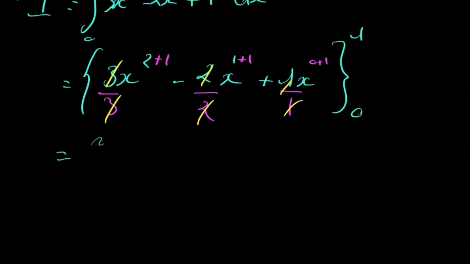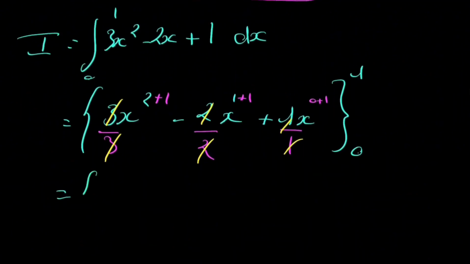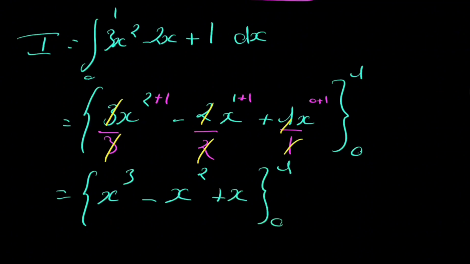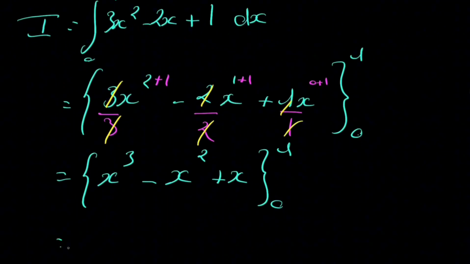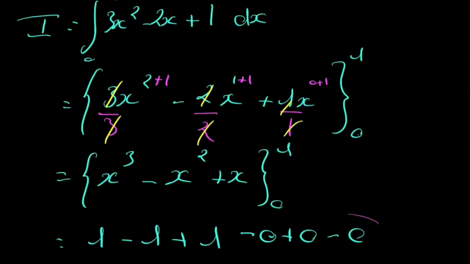So it is equal to x to the third power minus x squared plus x, taken between 0 and 1, which is 1 minus 1 plus 1 minus 0 plus 0 minus 0, those being the values when x is equal to 0.